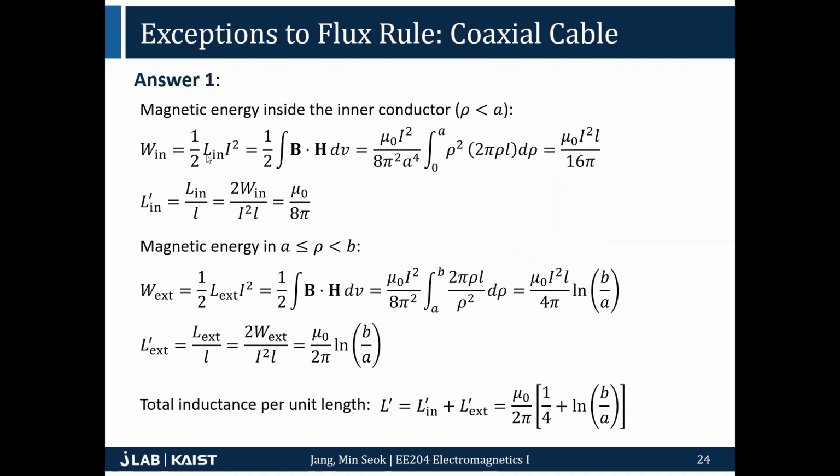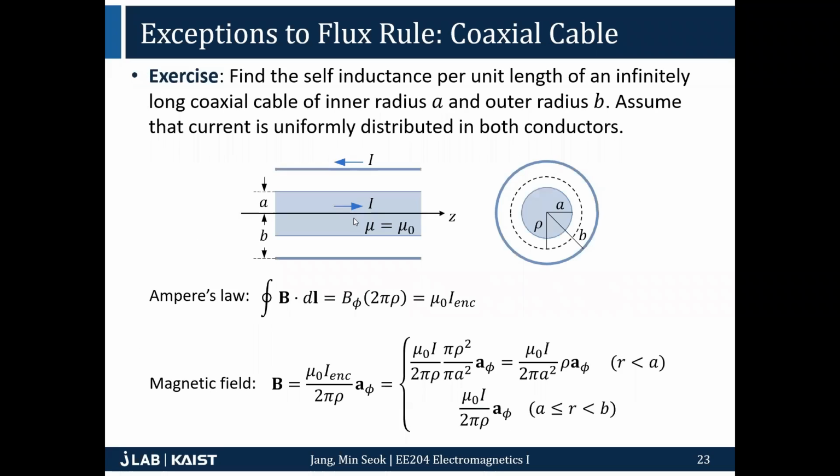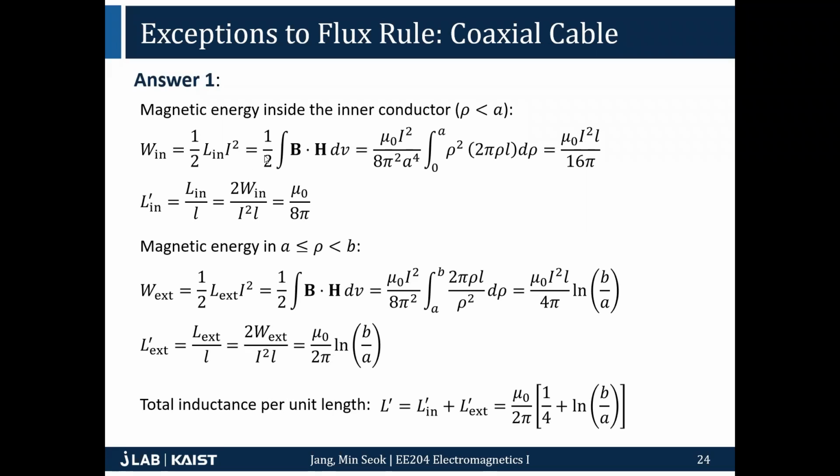Magnetic energy is 1/2 Li squared, right? And another definition of magnetic energy is the integration of 1/2 B dot H, the magnetic energy density. Because we know B and H everywhere, we can easily calculate magnetic energy without any uncertainty. So we can evaluate magnetic energy by integrating 1/2 B dot H.